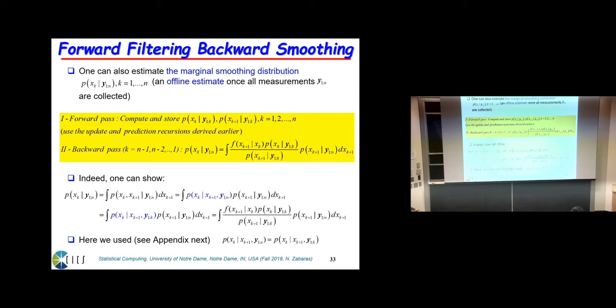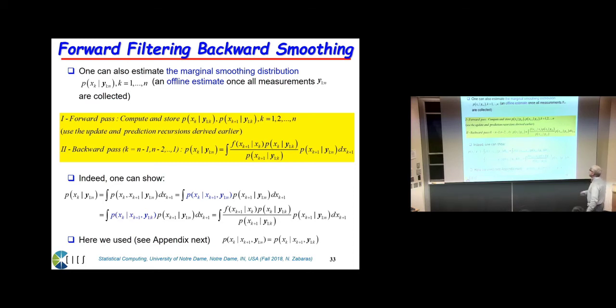So remind me, what's the filtering distribution? What did we call filtering? The marginal of x_n given what? Given y_1 to n.